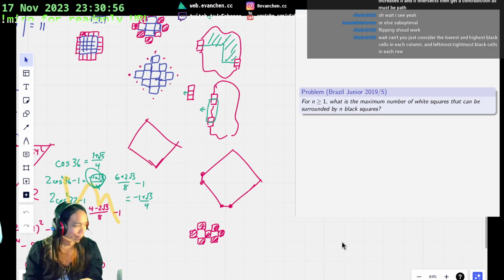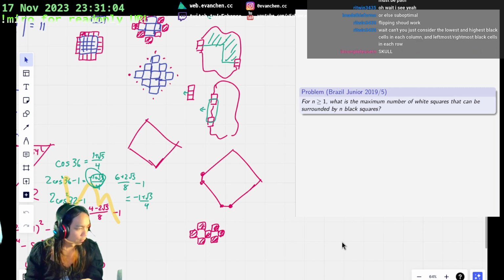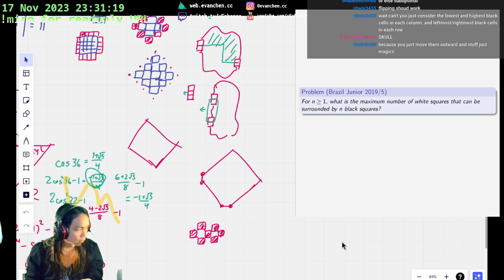I think the best you can do is consider the lowest highest black in each column, and the rightmost black. Move them outward.